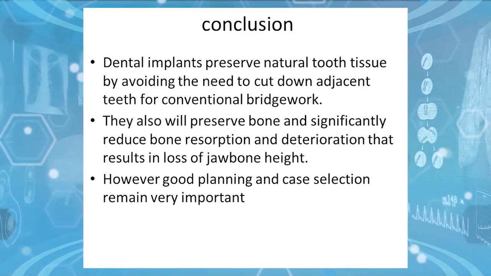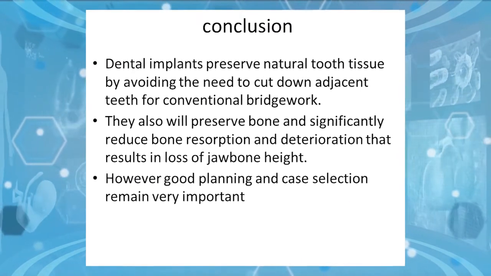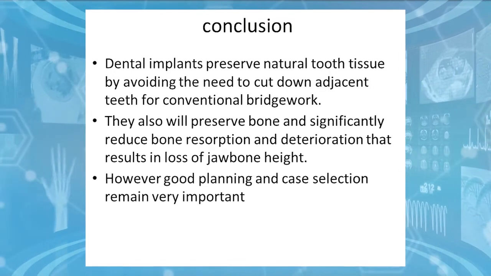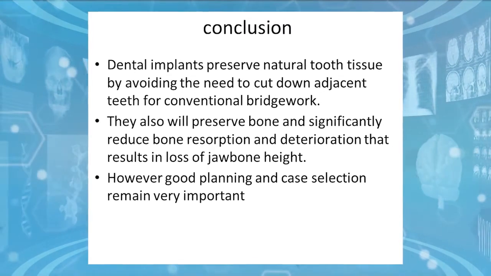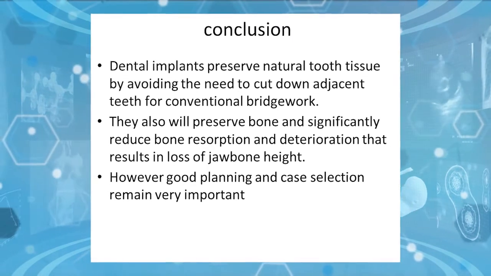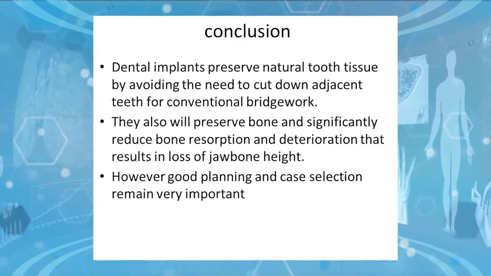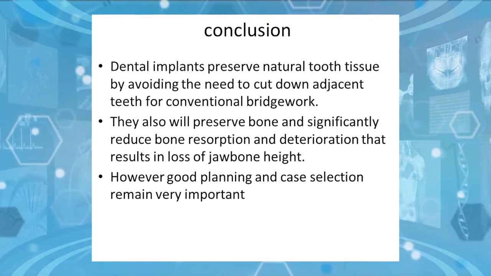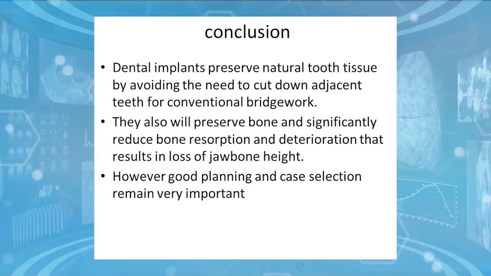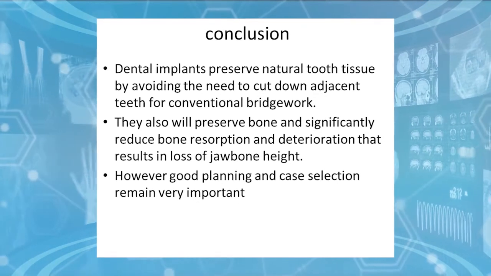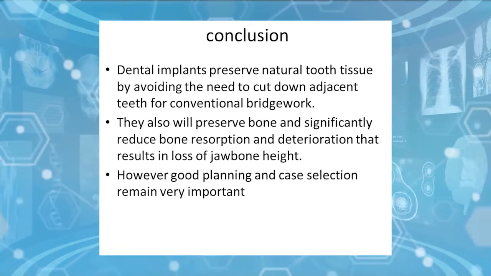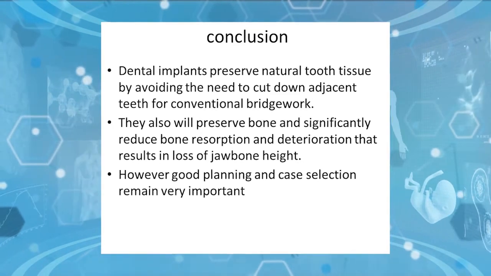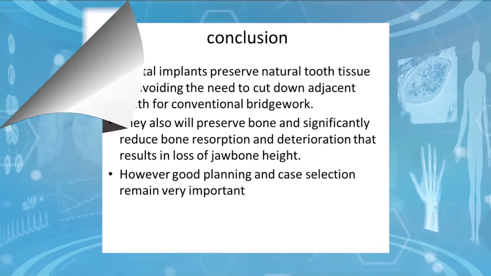Conclusion: dental implants preserve natural tooth tissue by avoiding the need to cut down adjacent teeth for bridgework. They also preserve the bone from deterioration that may result in loss of bone. However, good planning and case selection remain very important here.